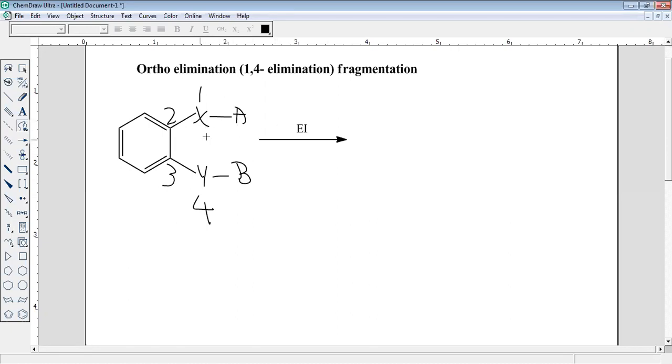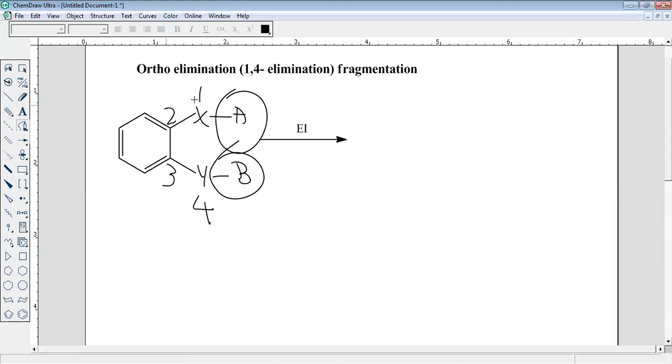What is the meaning of 1,4 elimination? It means there is a loss of a part from one position, and one from the fourth position. This is Y, and this is the fourth position. Loss of these two takes place, therefore it is called 1,4 elimination.